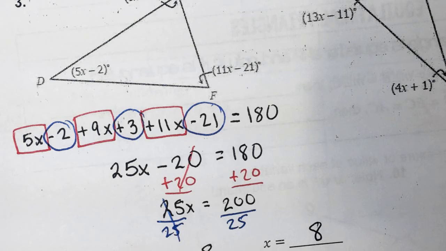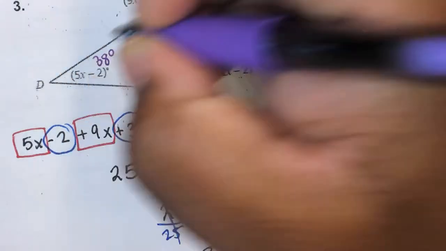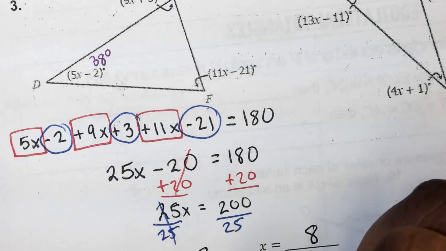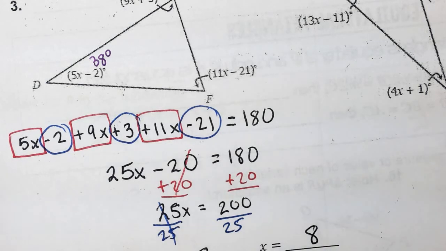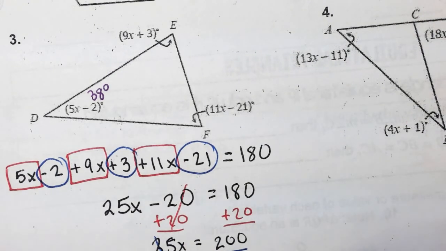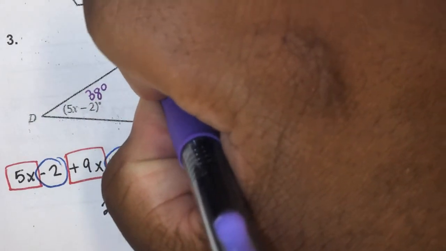I heard 2 different numbers. Hold on. 5 times 8 is 40, ain't it? Minus 2? Lord have mercy. 38 degrees. That's angle D. And so E would have been 9 times 8, which is 72, plus 3, 75 degrees.